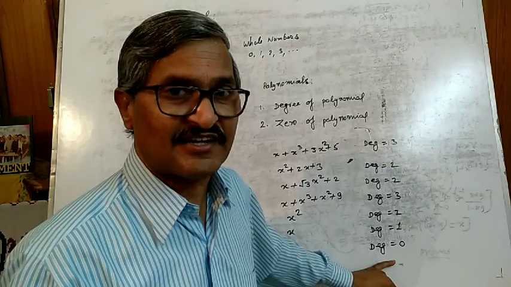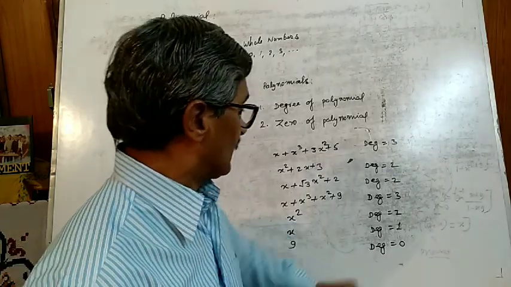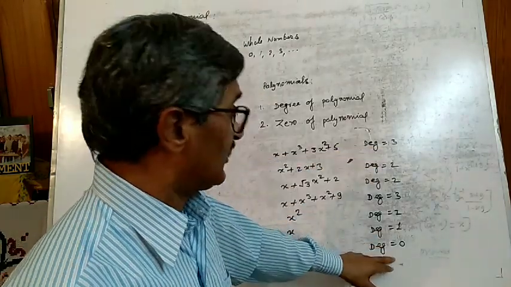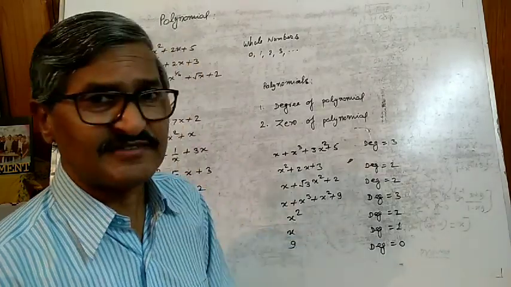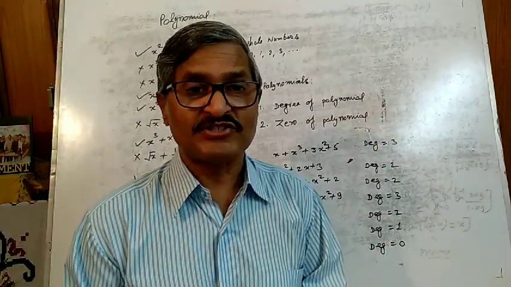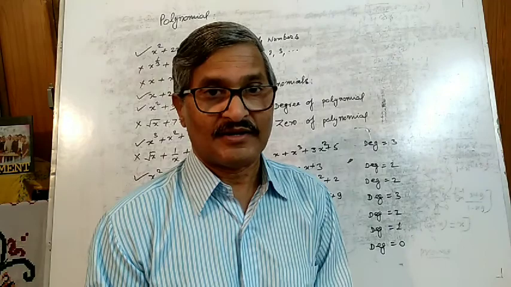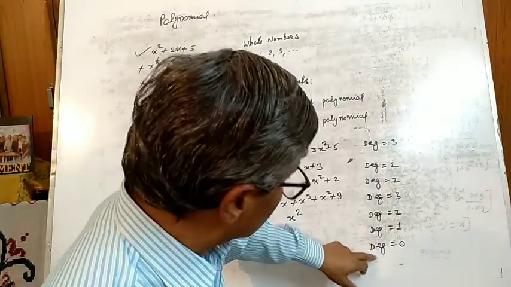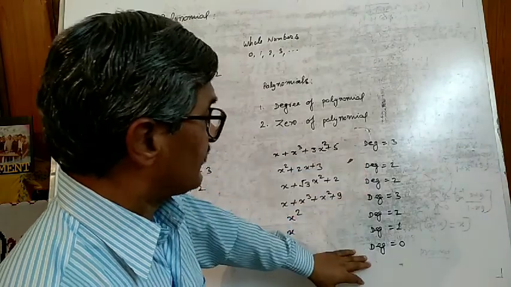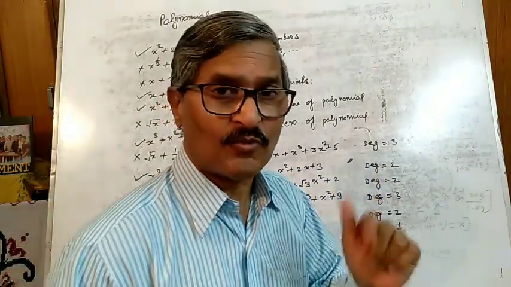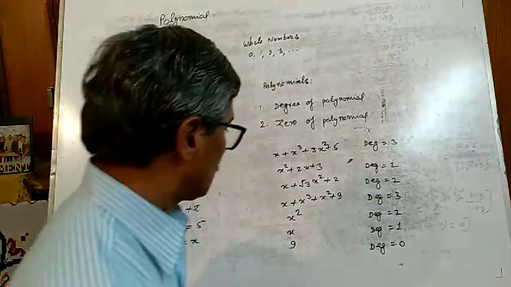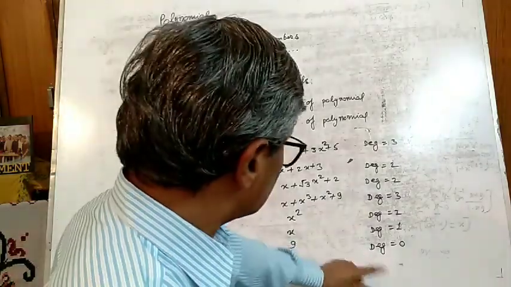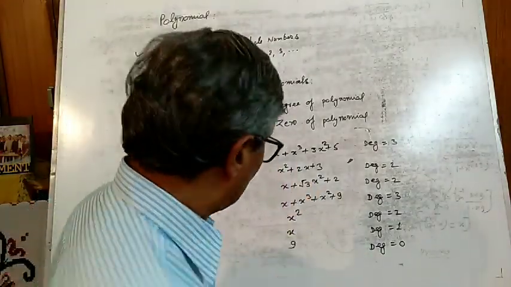Polynomials are categorized or classified according to degree. Second is according to number of terms involving in the polynomial. So according to degree, we are going to write name of the polynomial.